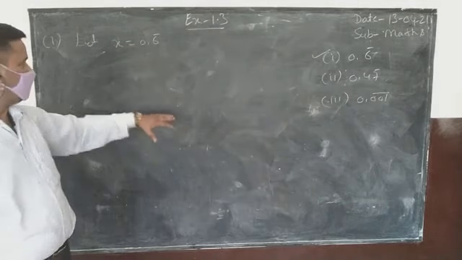Then 100x minus 10x on the left side, and on the right side 47.7 bar minus 4.7 bar. You subtract these separately. 7 bar minus 7 bar is 0, and 47 minus 4 is 43.